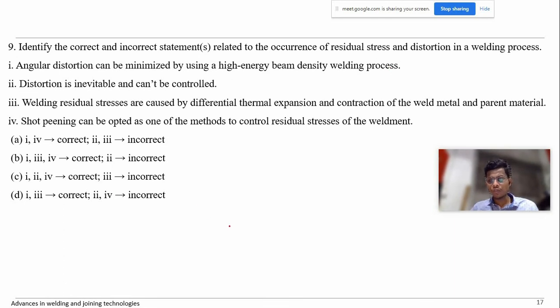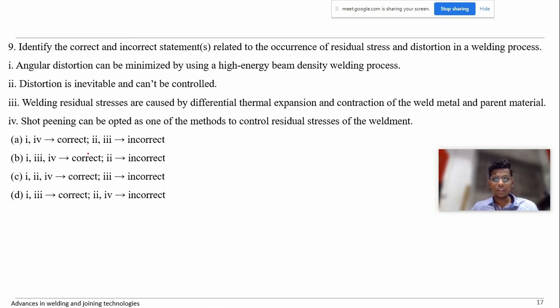Yeah, because of the high energy beam, angular distortion can be reduced because my weld pool will be smaller because of the keyhole and all. The amount of metal deposited is less, so heat input can be decreased compared to arc welding or other processes.